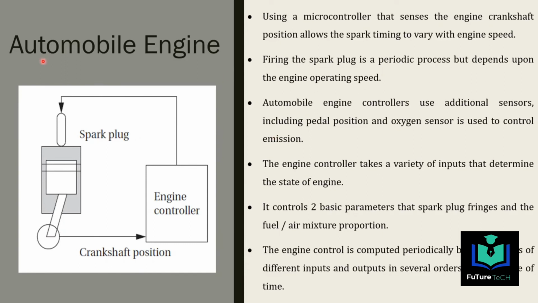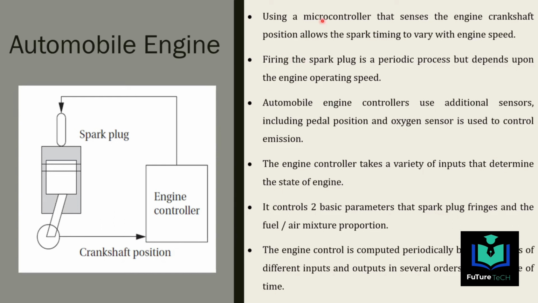So here this is the simple automobile engine which was given in your book. It contains a spark plug as well as the engine controller and also the crankshaft position. Okay, so this engine controller is the one which is used by the embedded system to check the inputs of the spark plug as well as the crankshaft position.